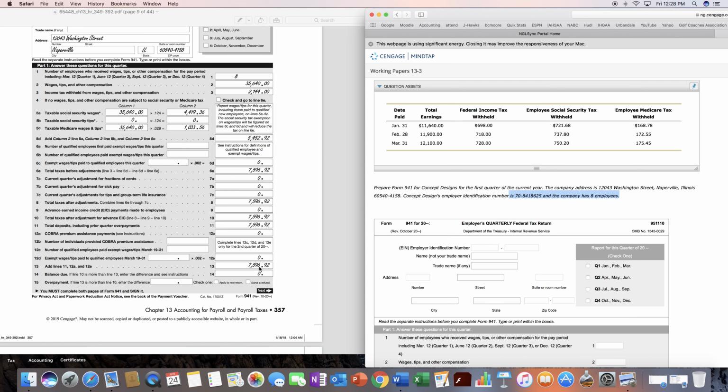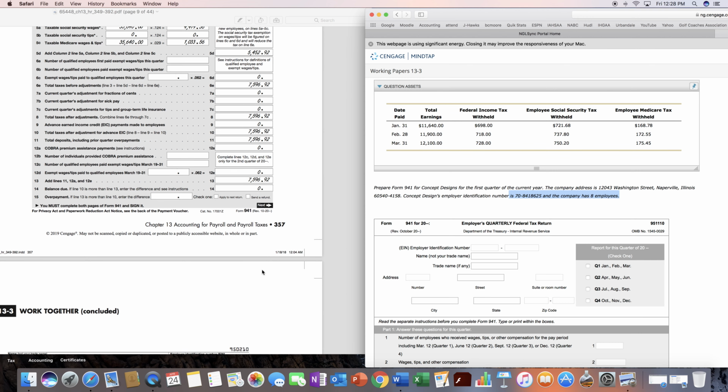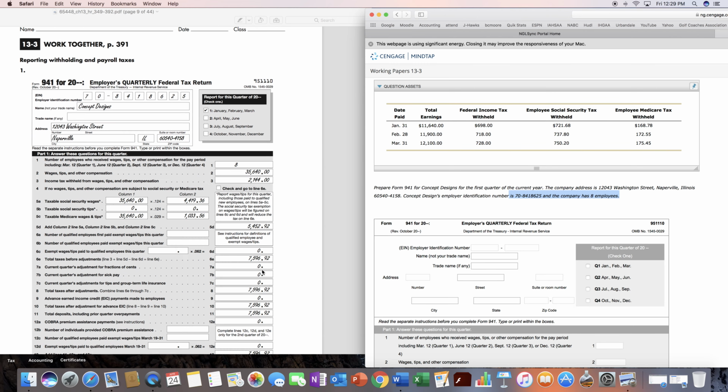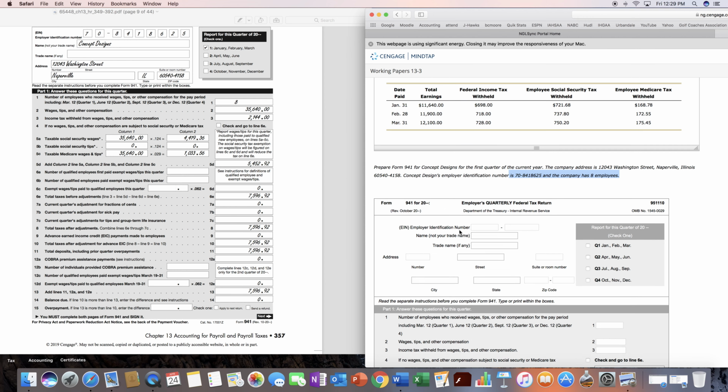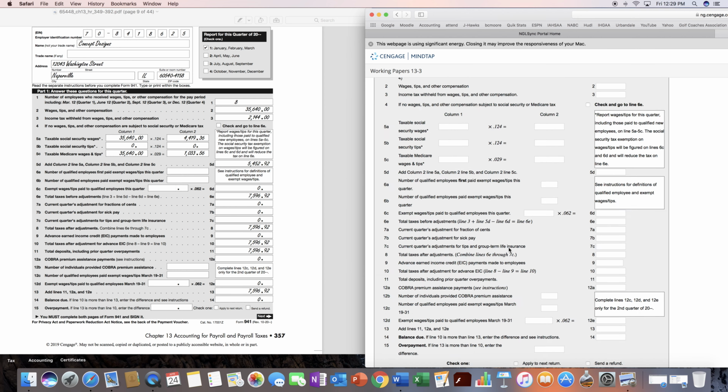As an employee, as you get older, you might have different examples and different things you're taking out depending on your situation, but this is all we're doing. You're getting that number and all this information from this chart and from these instructions, and that's how you're going to fill this form out.